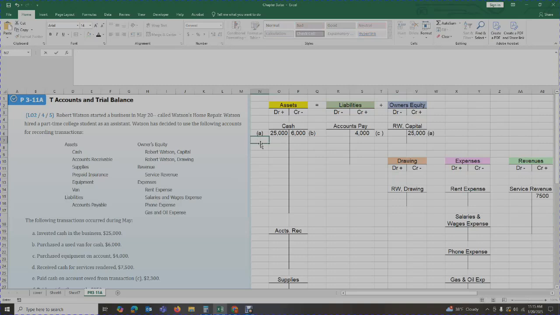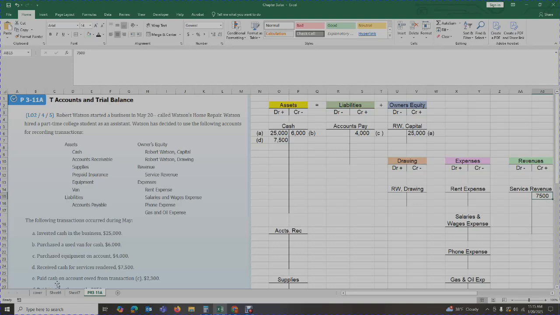This is letter D. I'm sorry about that. So letter D, I received cash for $7,500. So if you see here, cash gets debited, service revenue gets credited. I've got a debit and a credit. That's what we need to always make sure that we do. Debits equal credits. Okay, so that's letter D.